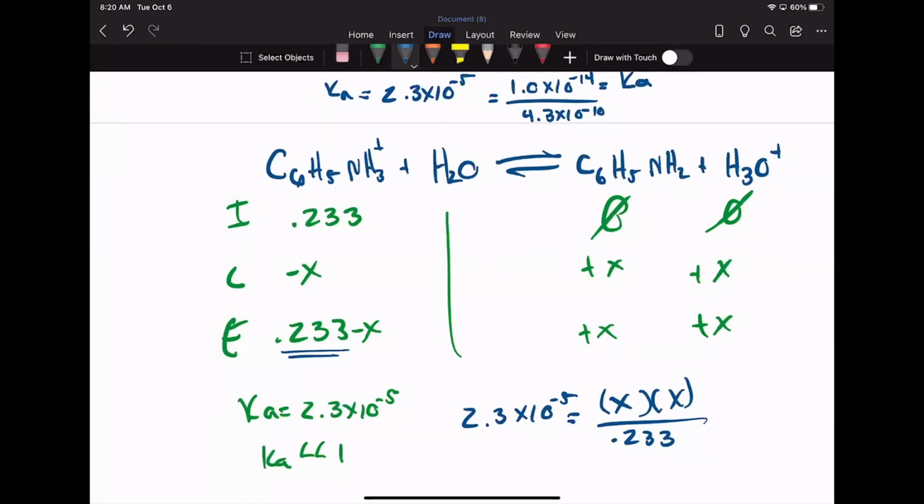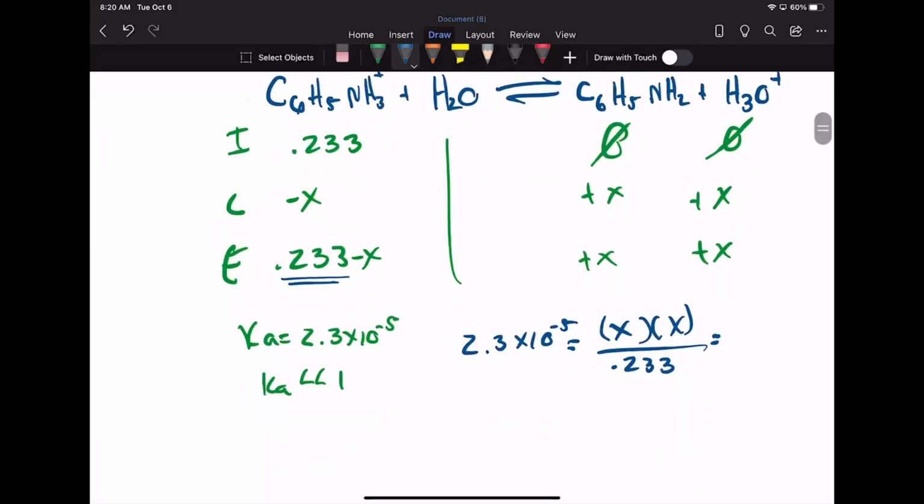Once we know what this value is, let me plug it into the calculator here. And x equals 2.3 times 10 to the minus 3. So now we know what x is.